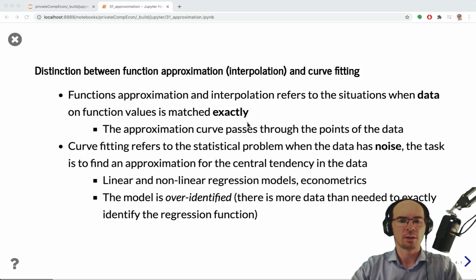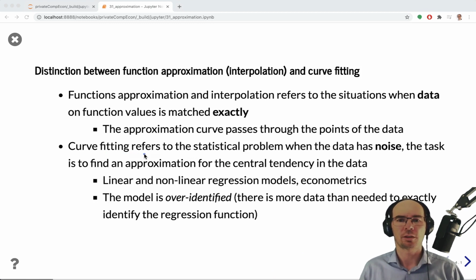That's the fundamental difference from the first case, where we want to match exactly the function values at the points of the grid. Now, it could be that if the model is over-identified, so if we're trying to find a polynomial with fewer degrees of freedom than the data points that we have, so we have more data than needed to identify all of the parameters of the simplified function, then we will get into the domain of curve fitting.